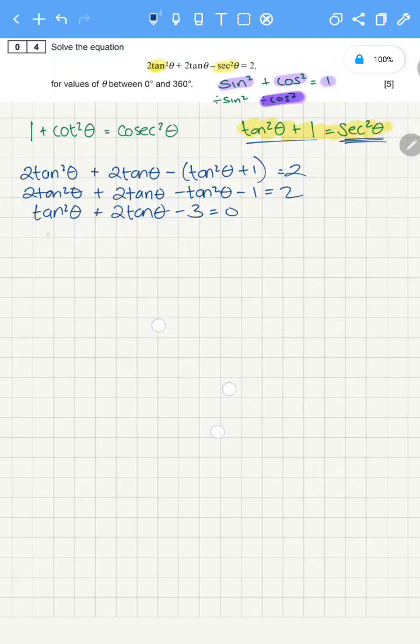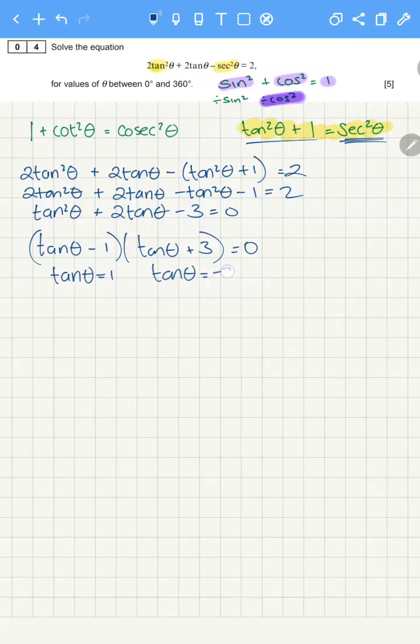It is tan theta minus 1, tan theta plus 3. And if you expand that out, you will get the equation above. Right, so that means that tan theta is equal to 1 and tan theta equals minus 3.